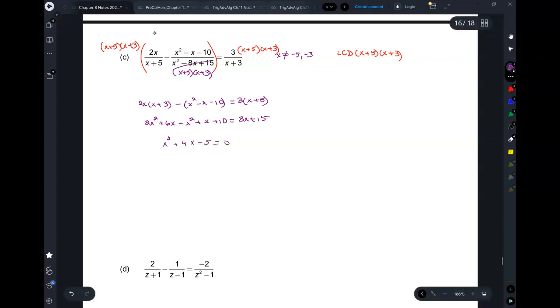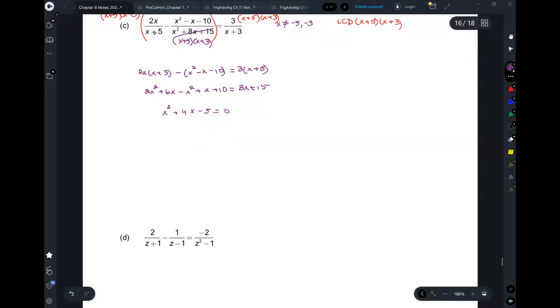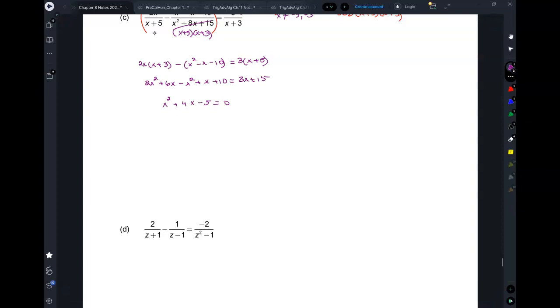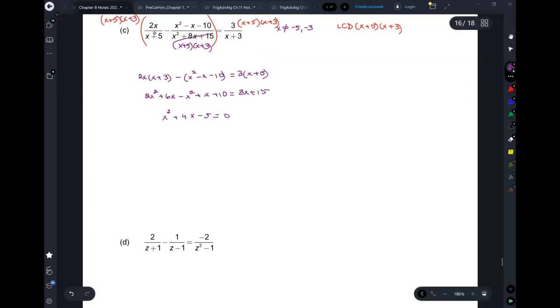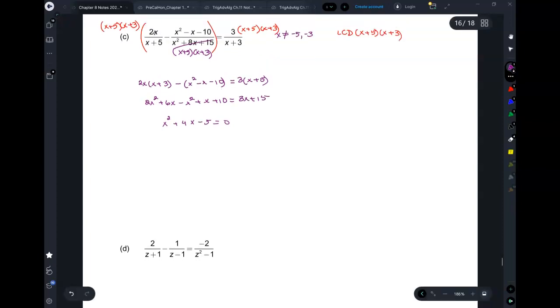Okay, you should have gotten to this point: x squared plus 4x minus 5 equals 0, when you simplify everything. Now we're going to factor. Did you get this or no?